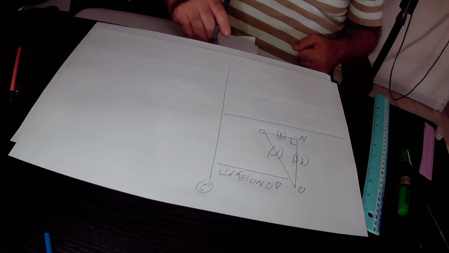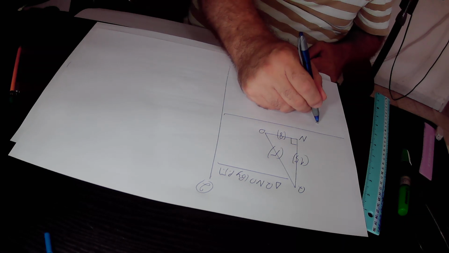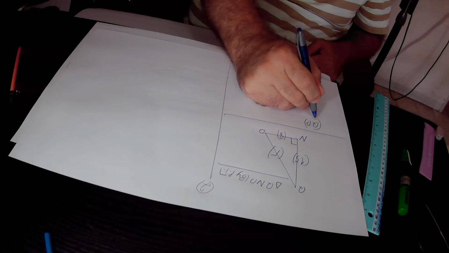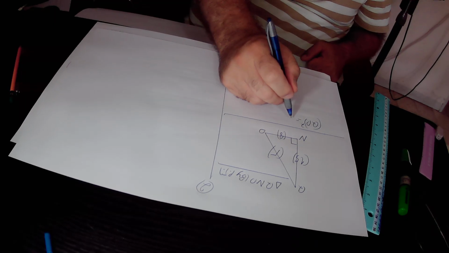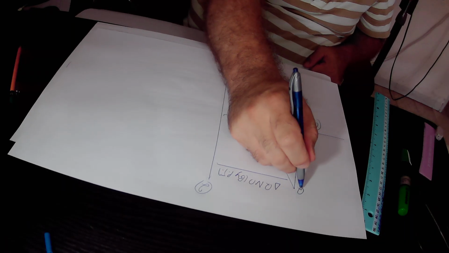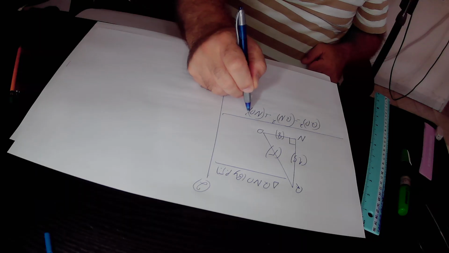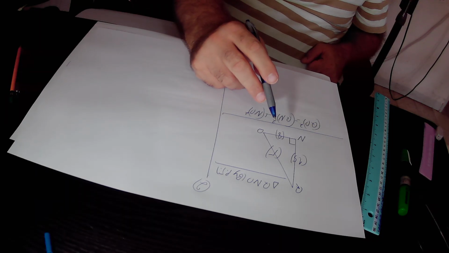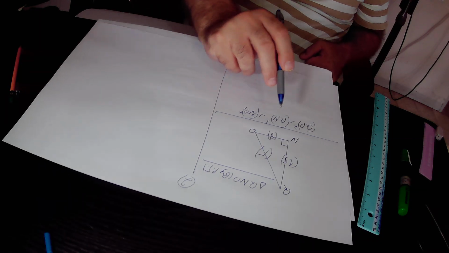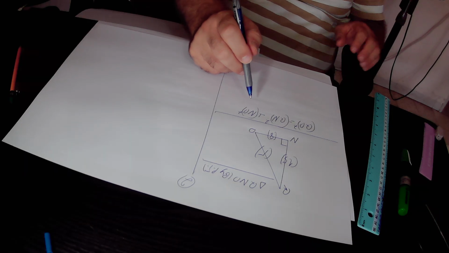In this right triangle Q and O, according to the Pythagoras theorem, QO squared, that is the square of the hypotenuse, is equal to QN squared plus NO squared.